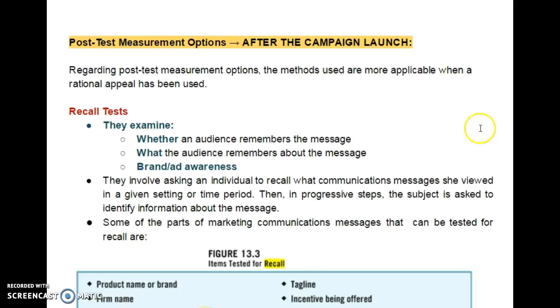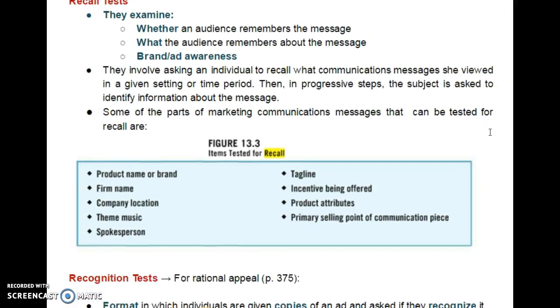Brand ad awareness. They involve asking an individual to recall what communication messages she viewed in a given setting or time period. Then, in progressive steps, the subject is asked to identify information about the message.